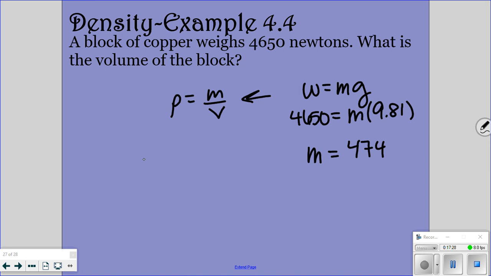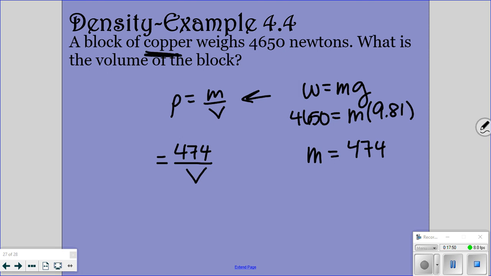So then it says a block of copper weighs that amount. What is the volume? So we don't know the volume. We know the mass is 474 and some change. To find the density, we have to look in the table. So y'all need to look on page 23.